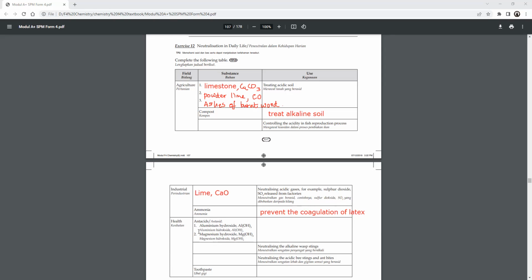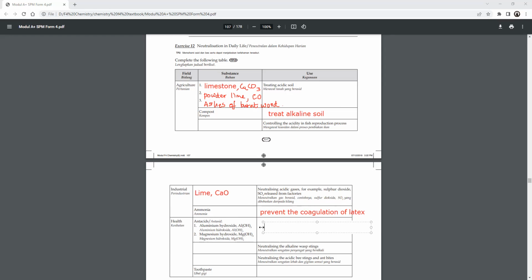And antacid. It is aluminum hydroxide and then magnesium hydroxide. This one is for the gastric acid in your stomach. I gave you before: aluminum also can, magnesium also can, many. As long as it is alkali, then okay.